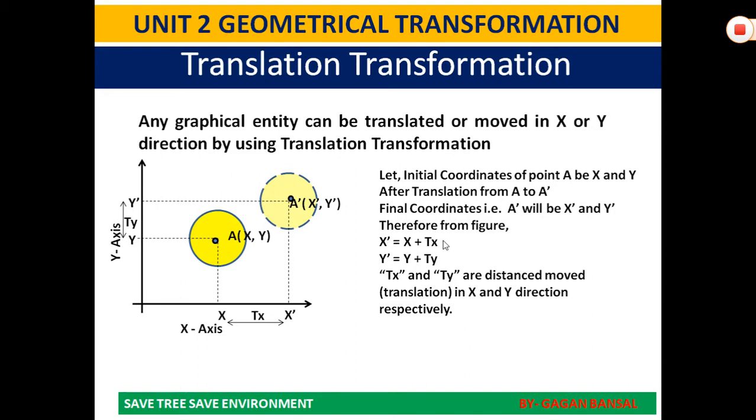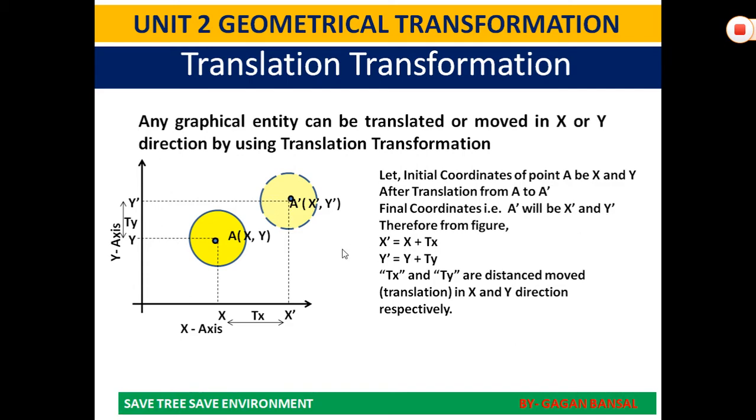Now this particular equation, that is equation x dash equals to x plus tx and y dash equals to y plus ty, in terms of matrix also can be written. So I am repeating it again. Let initial coordinates of the point A be x and y. After translation from A to A dash, final coordinates, that is A dash, will be x dash and y dash.